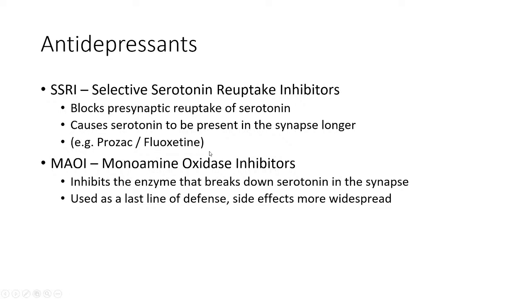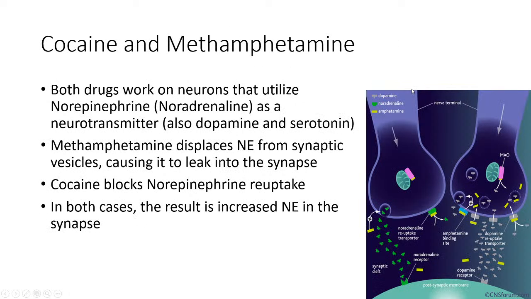And so if you inhibit this enzyme, monoamine oxidase, at all of those different types of synapses, you're going to see a lot of different side effects. Selective serotonin reuptake inhibitors are selective for serotonin synapses, and so they're more targeted. They're generally your first choice.